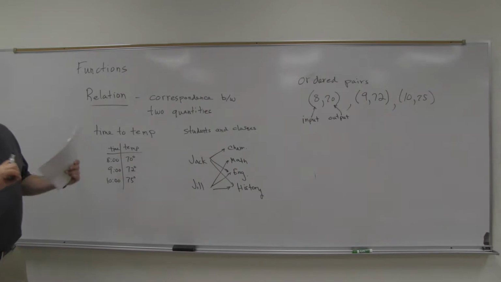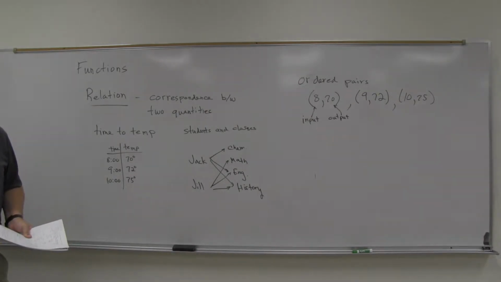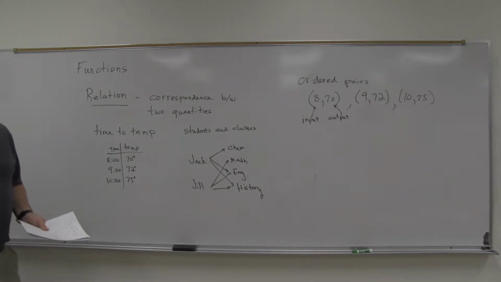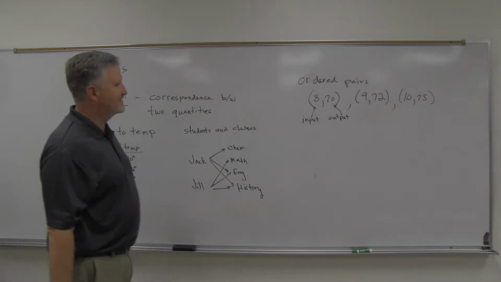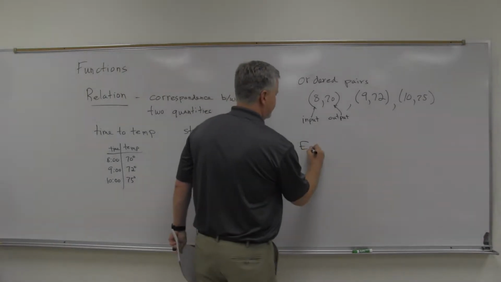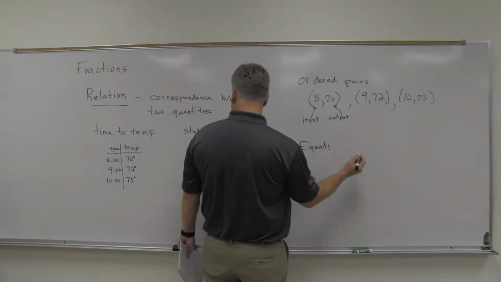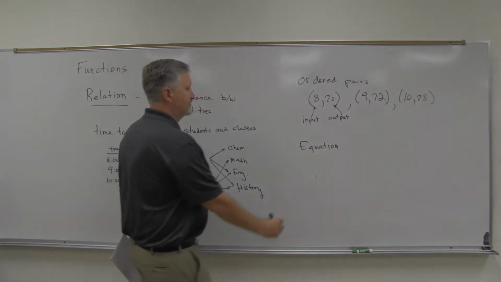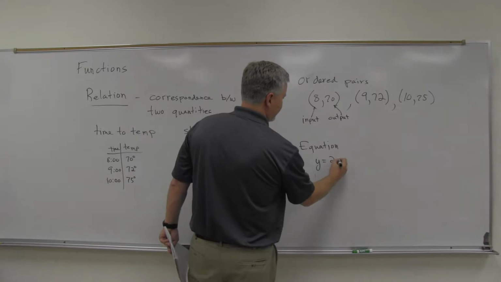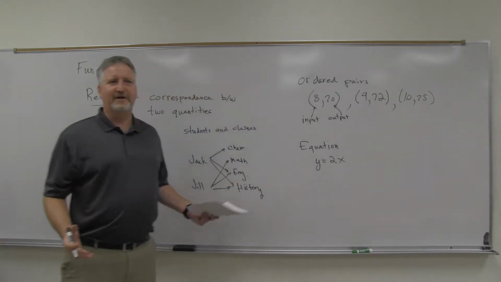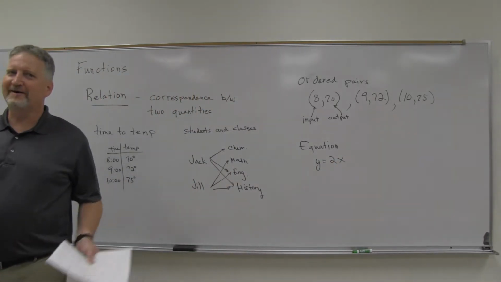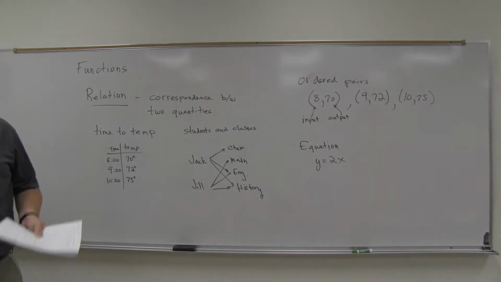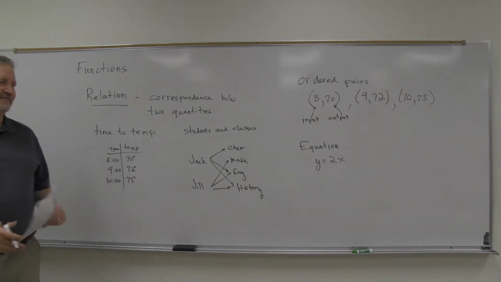Well, of course, the ultimate goal in establishing a relationship between numbers is to get an equation. And so that would be a fourth way of writing a relationship. y = 2x. Would that establish a relationship between two quantities? Yeah, the y is going to be twice the x, 2 times the x.